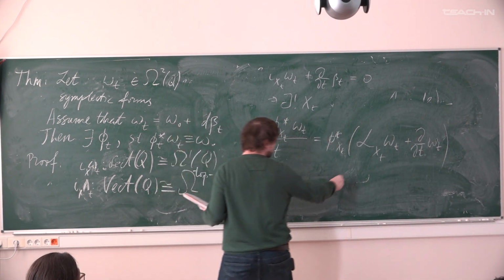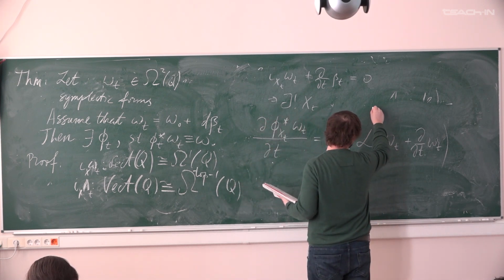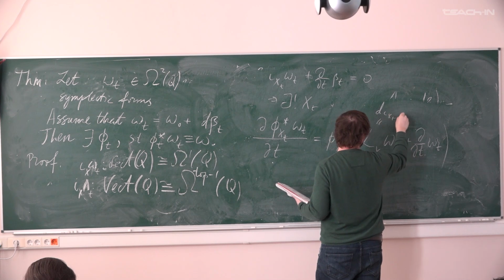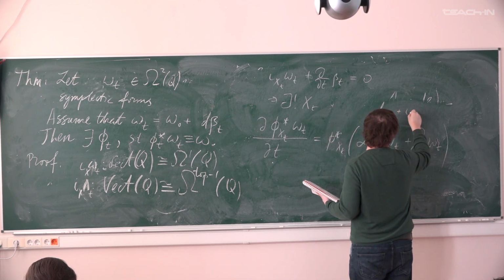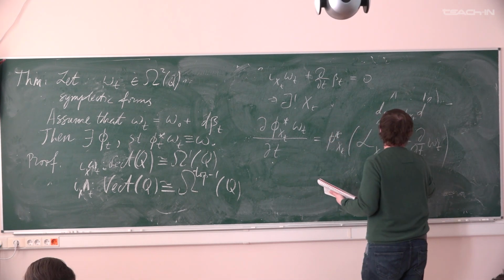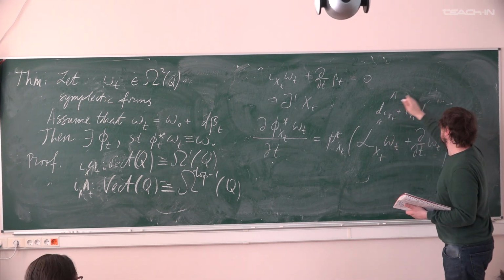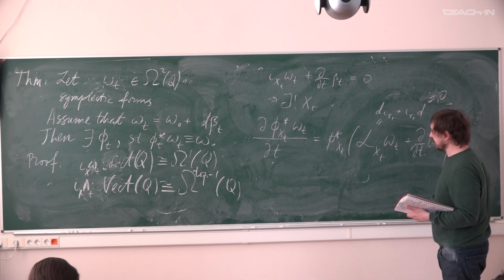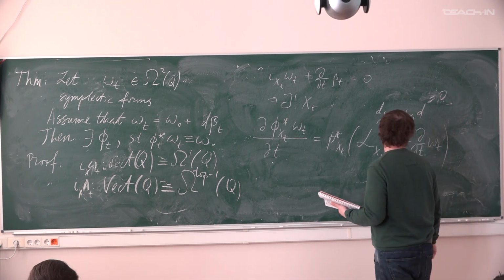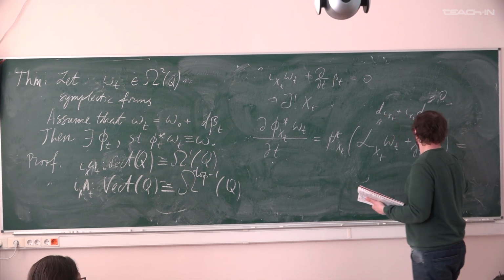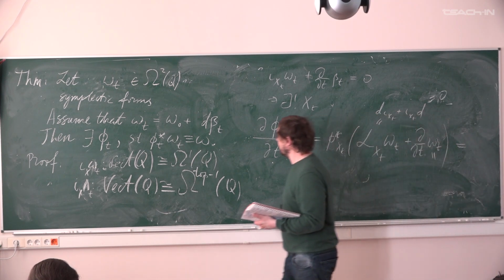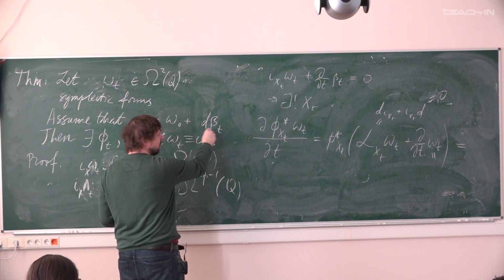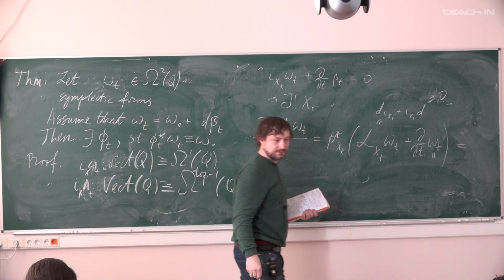So in the first case, you use again Cartan's magic formula, d i_{X_t} plus i_{X_t} d. The second term vanishes because it is closed, because it's symplectic. And here, you differentiate this equation, this term vanishes, and here you'll get d of dβ/dt.